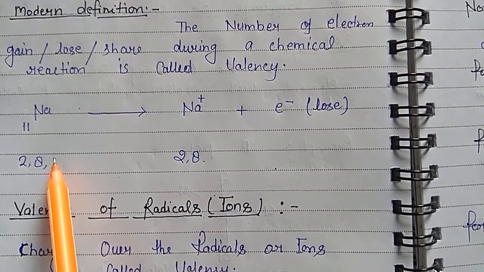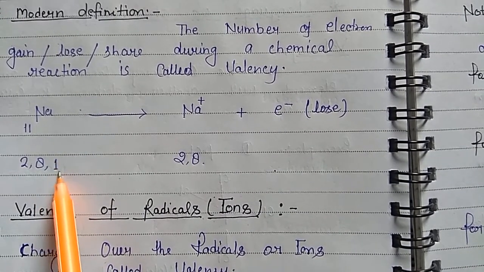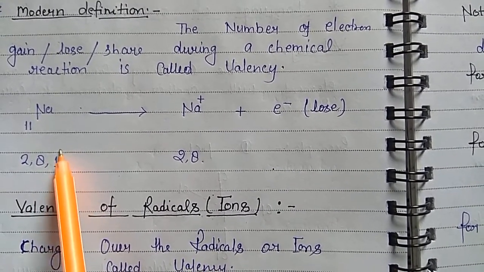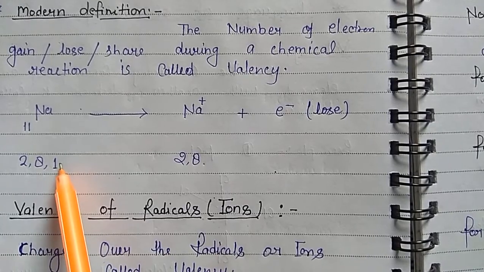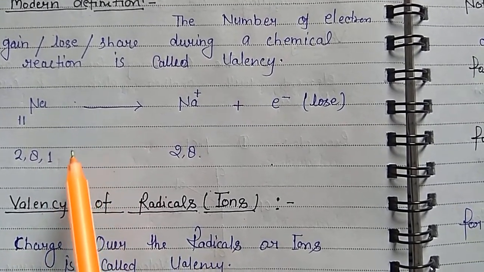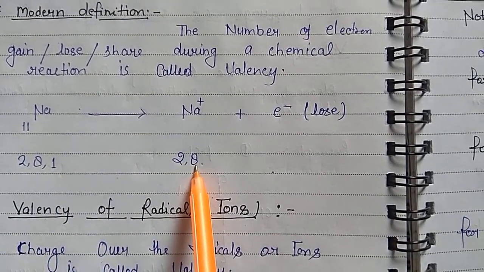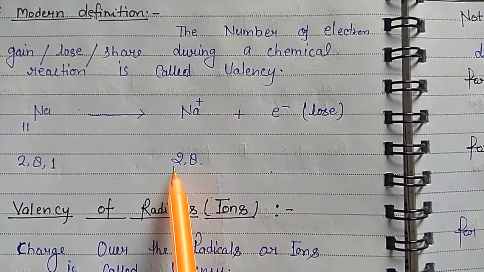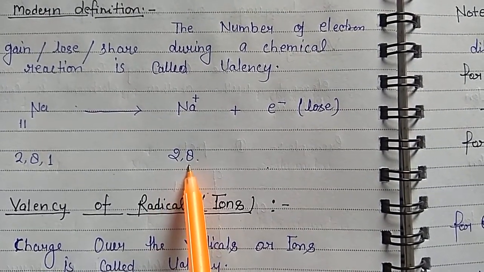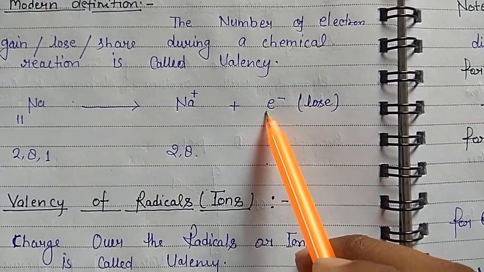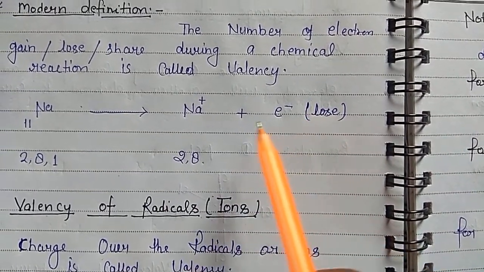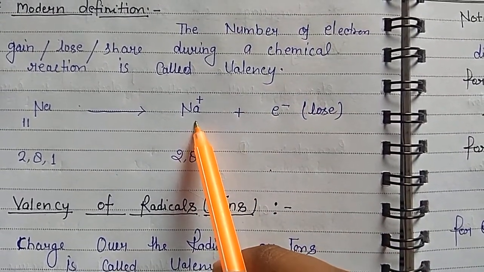In the sodium atom, there is 1 electron in the outermost shell, so sodium loses only 1 electron to complete its octet. That means the electronic configuration becomes 2, 8. So sodium loses 1 electron. Now the valency of sodium is 1.